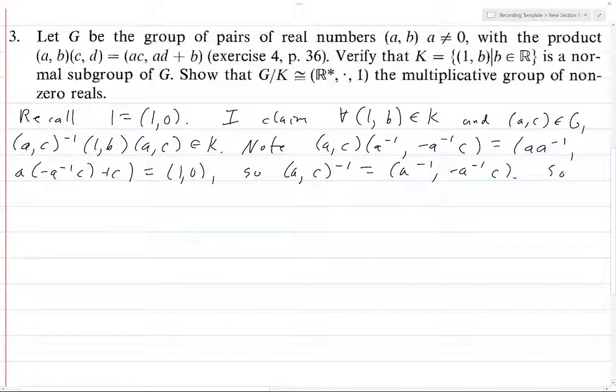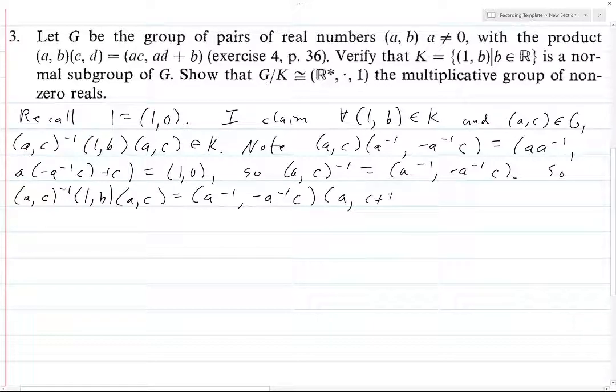So let's do some calculations. (a, c) inverse (1, b) (a, c), we're just going to straight up calculate this and show that it does what we want it to do. Okay, so (a, c) inverse is this, and now let's multiply (1, b) and (a, c). We get 1 times a, which is a, then we also get c plus b.